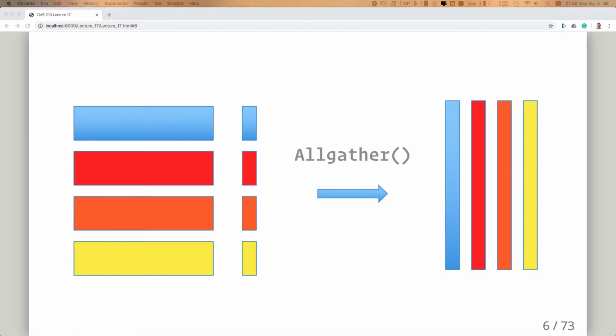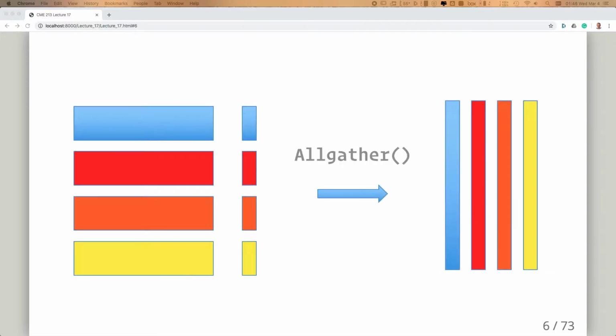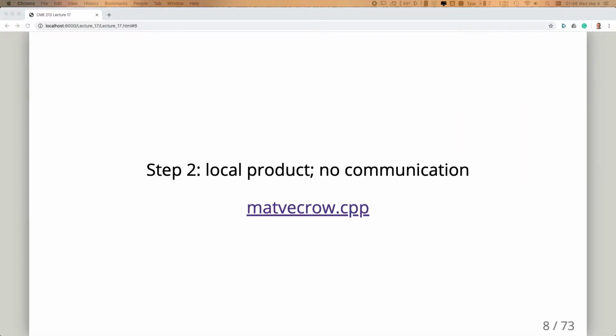You call MPI all gather with this input, and after the function completes, each process has the entire vector, and now you can just do the multiplication. Once each process has the entire vector and its block of rows of A, each process can just do the product. There's no further communication or data exchange; you can just do the math and you have the results. So step number 2 is just a local product, no communication required.